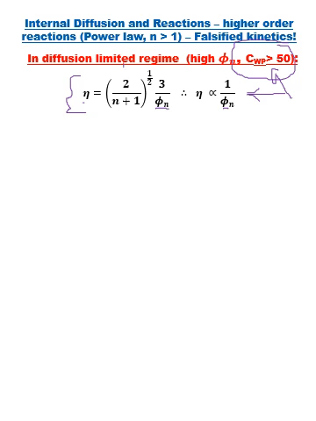Note, for first order reactions, I can also apply this equation. This first part of the term becomes equal to 1, and similar to when we applied our equation for eta with reaction order 1, we can prove that in that regime, eta is equal to 3 over Thiele. Of course, for first order reactions, we also know that that occurs when the Thiele modulus is higher than 20.